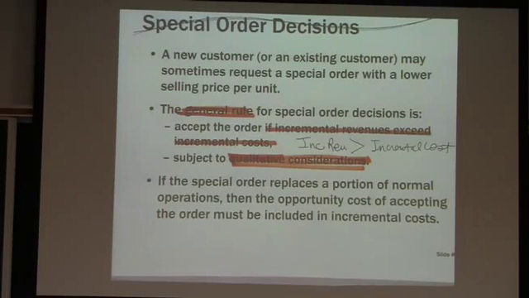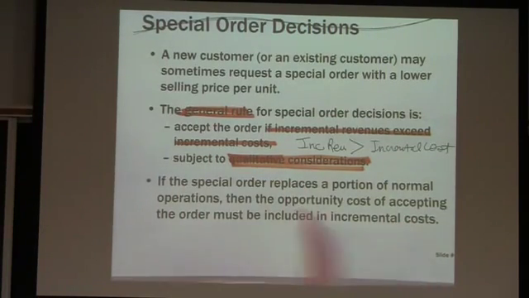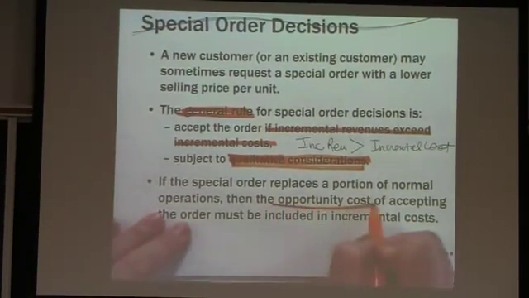If the answer is yes, then the general rule is we only accept if incremental revenue is greater than incremental cost. If the answer is no, we don't have the bandwidth and we need to give up some of our regular customers' product requests, then when we're pricing this special order, we need to incorporate this opportunity cost.